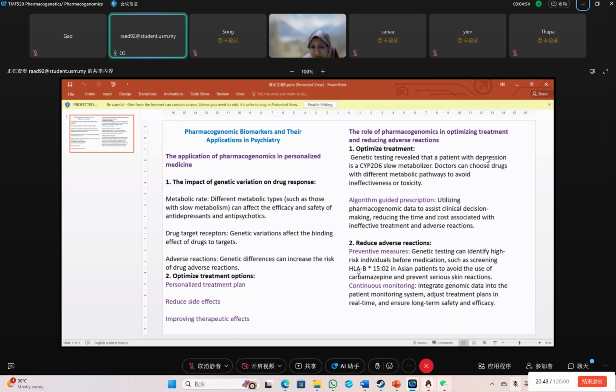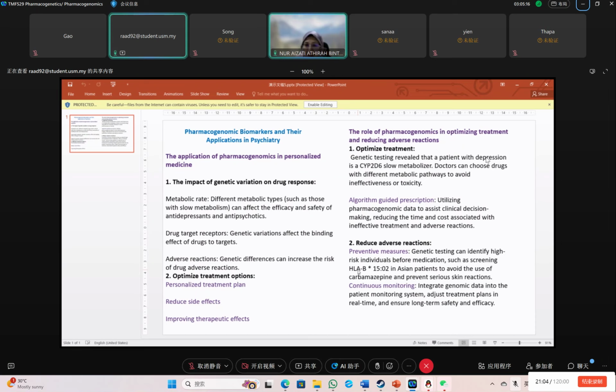Yes, correct. So it is a marker for adverse drug reaction, and it is significant for Asian patient. So this marker is not actually a marker for Caucasian. It is specific for Asian population.